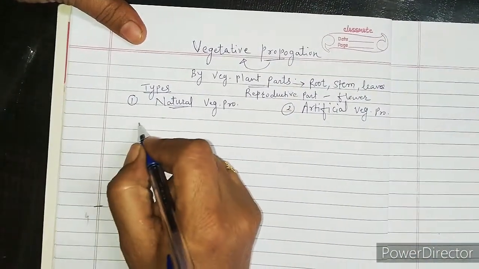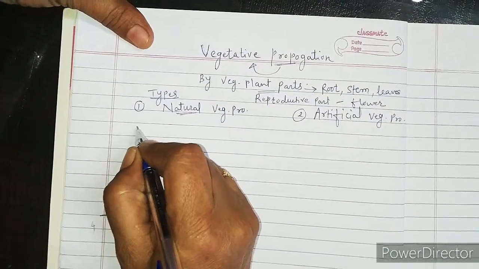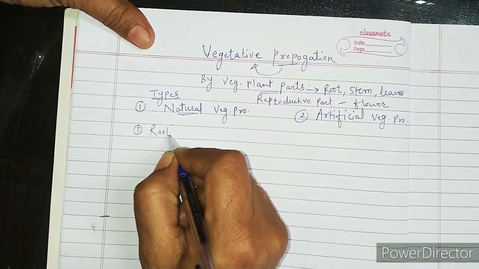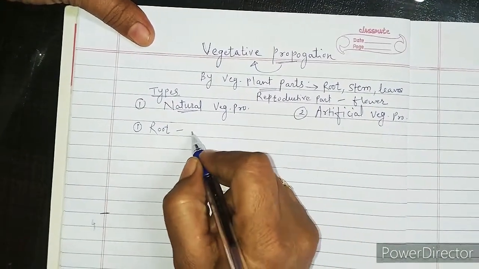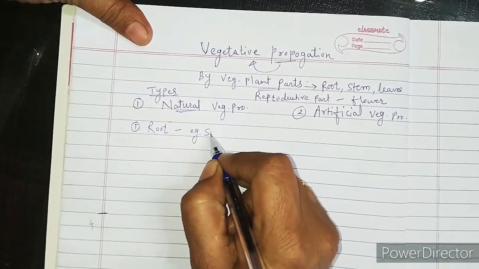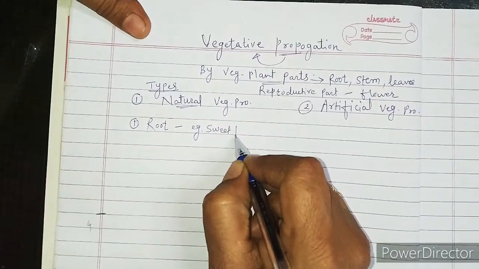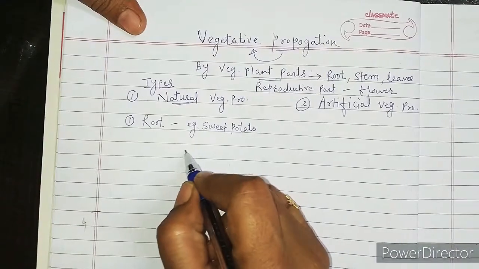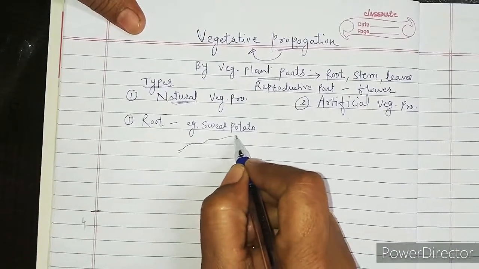First of all we will see the example of the root, and the well-known example is sweet potato. Actually you have studied it in the 11th class.